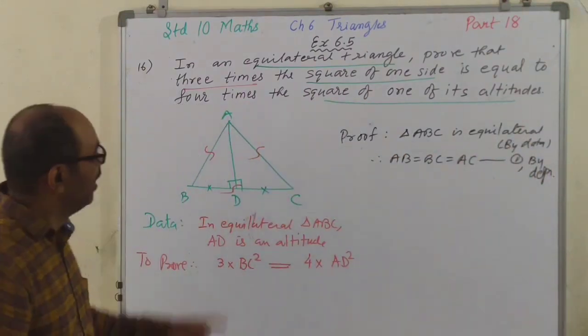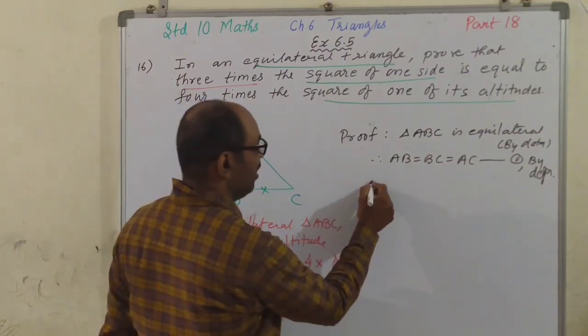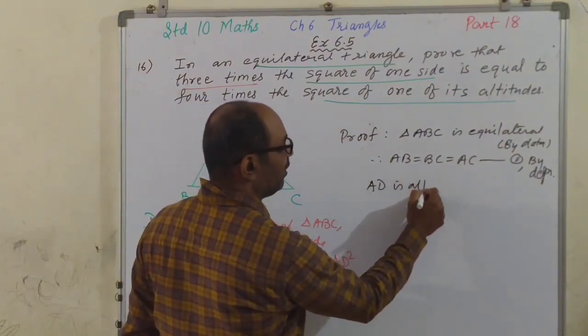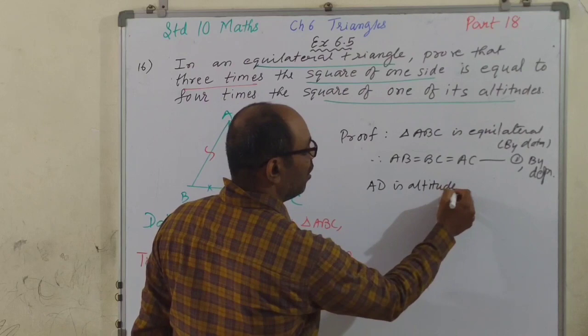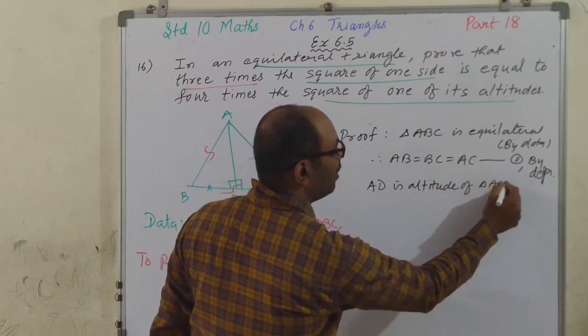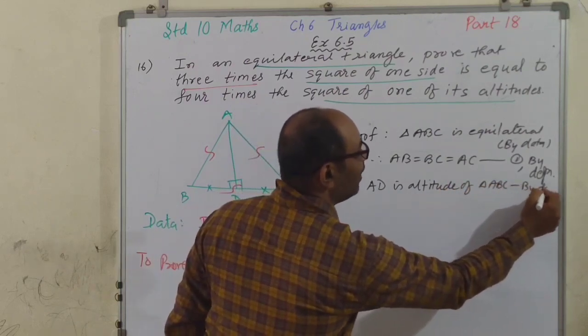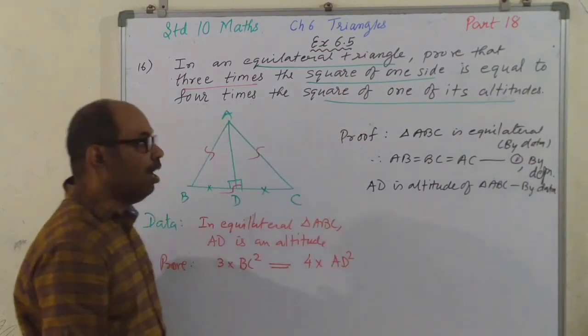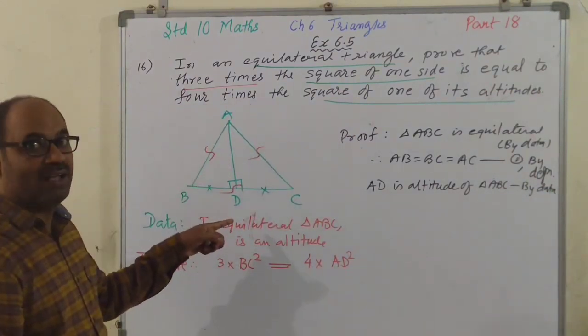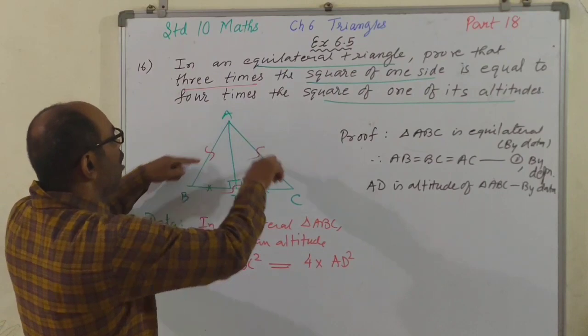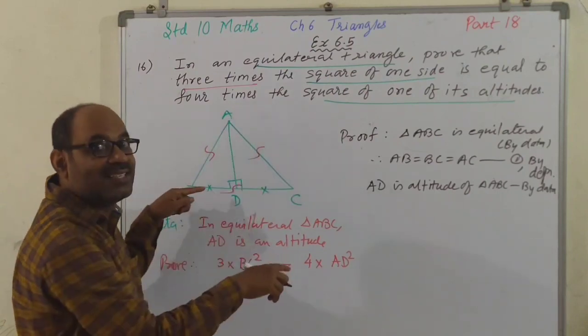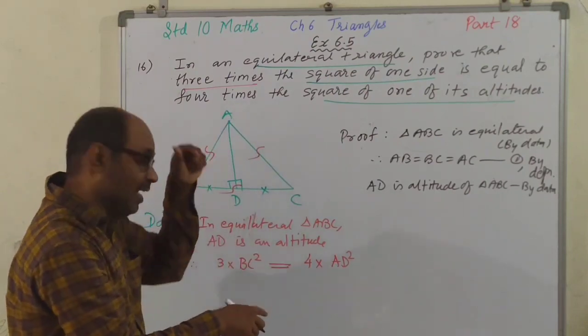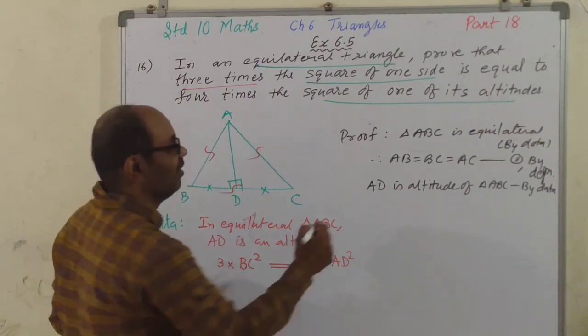AD is altitude of triangle ABC. This is also by data. Altitude of equilateral triangle, altitude drawn from the common vertex of two equal sides is also median.